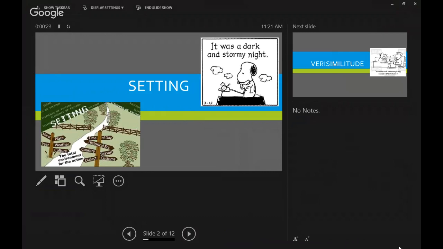I chose this graphic because they have other elements that often make up setting, like the historical era or historical moment in time, obviously geographical place, time of day, the climate or the weather, the environment surrounding a character, social conditions, and things like day, month, year, all of those as well. So setting has a lot of different elements that make it up.